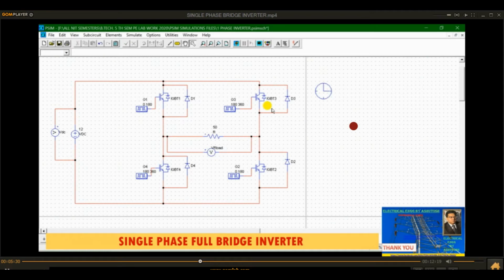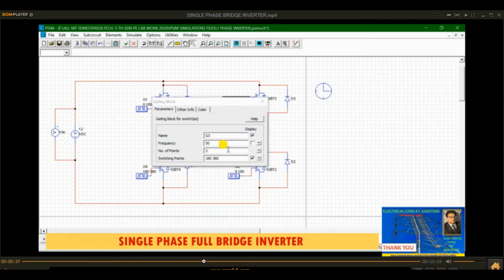And for IGBT3 and IGBT4, as you can see from this gating block diagram, IGBT3 and IGBT4 will conduct simultaneously during the conduction period from 180 degree up to 360 degree.